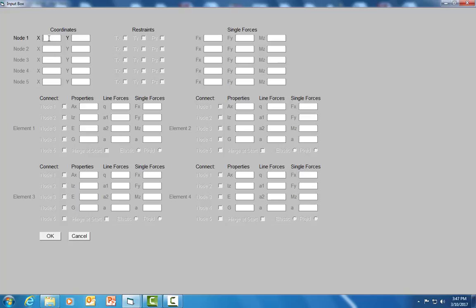There is node 1, I say 0, and in Y also 0. Then I have a node 2, I say 200, and Y is also 0. We show the nodes alone, and here 0 in Y. Then we go for node 3, and we say minus 100.